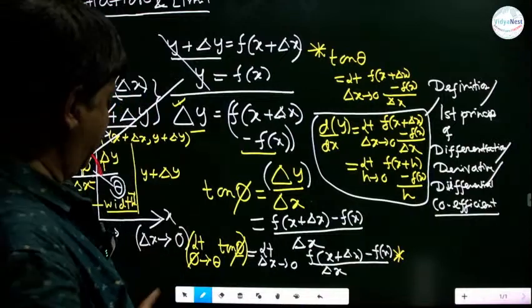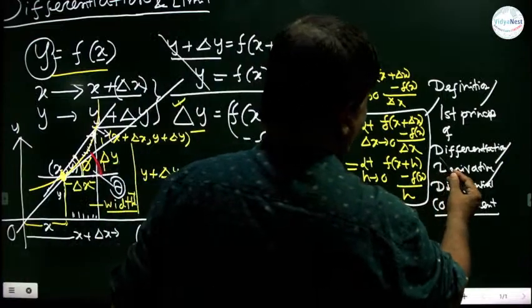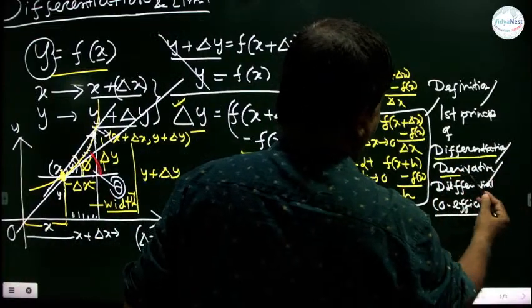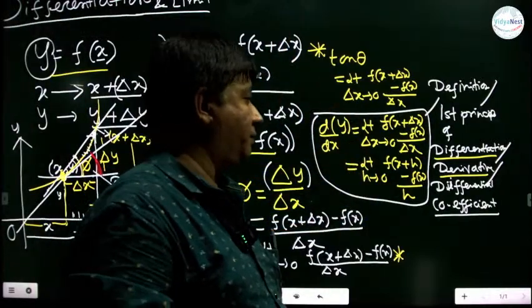So there are three nomenclatures. Any one you can use. The most common nomenclature is differentiation or derivative.